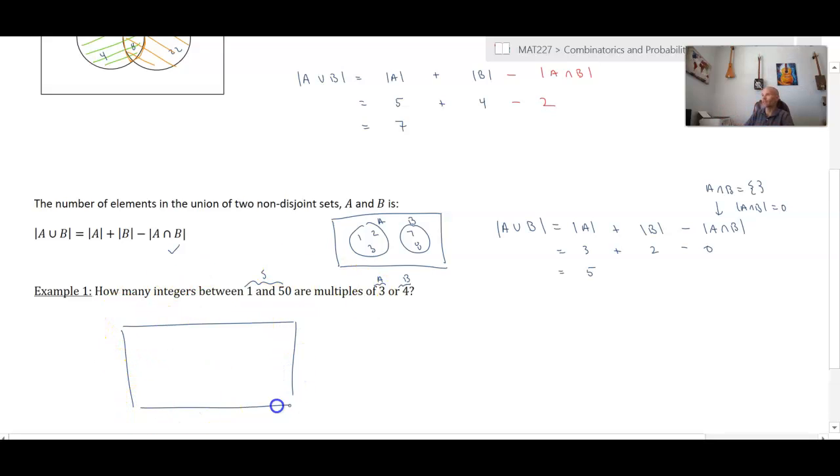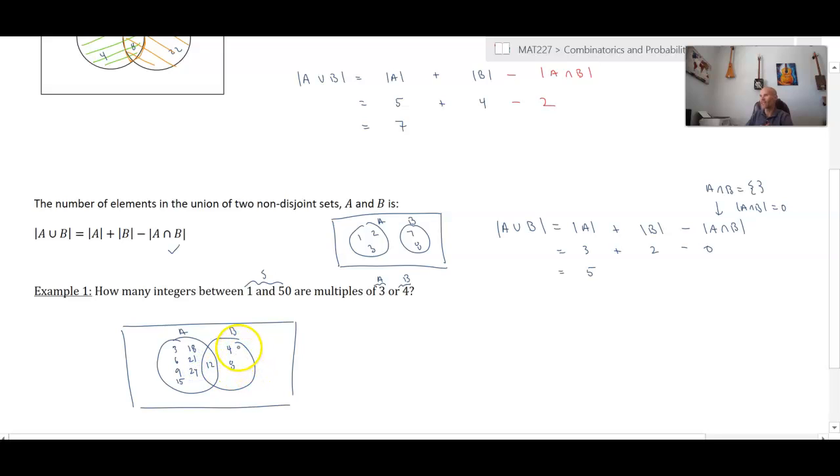So let's think about that in terms of these sets which will have some overlap. In set A, we'd have numbers like 3, 6, 9. And in set B, we'd have numbers like 4 and 8. But then 12 is a multiple of 3 and it's a multiple of 4. If we kept counting, then we'd have 15, 18, 21, and 24.